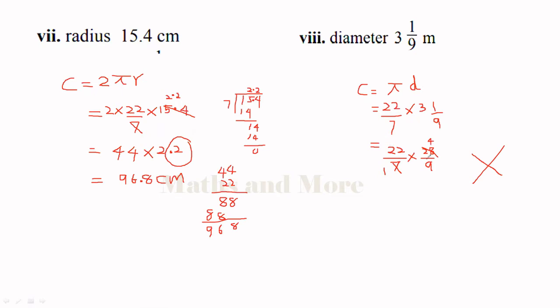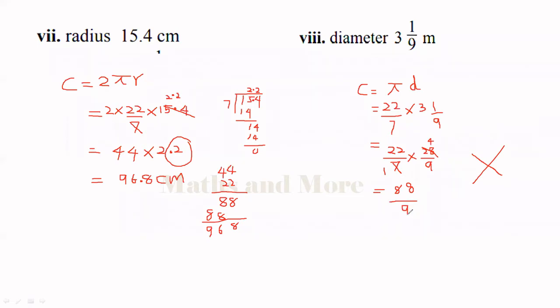Then 4 into 22 is 88. In the denominator, 1 into 9, 9.